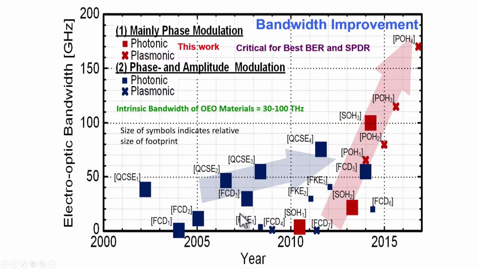And as you can see, recently with organic-based hybrid devices, both silicon organic hybrid devices, SOH devices, and plasmonic organic hybrid devices, one has started to achieve both substantial bandwidth and also very small device sizes.